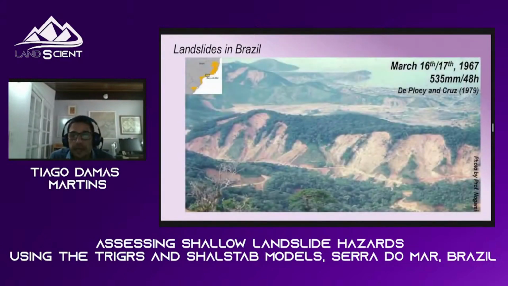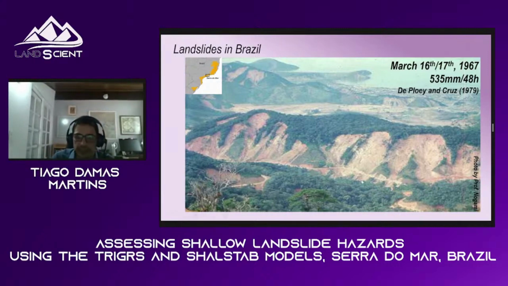So one of the main events that happened in Brazil, in the 60s, 66, 67, was well studied. This is the city of Caraguatatuba on the shore of São Paulo state. It has been severely affected by mass movements, shallow landslides and debris flows.